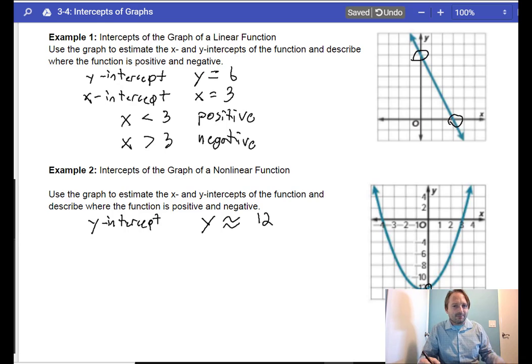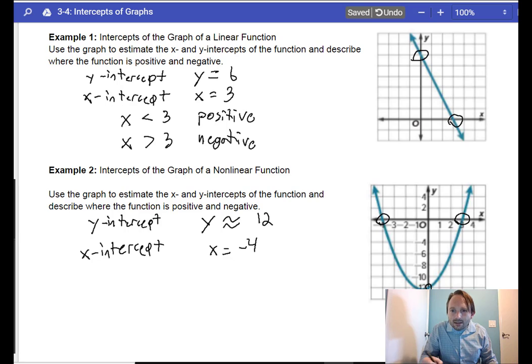We're doing an estimate. Now the x-intercept, there's a couple spots. It looks like at x equals -4 and x equals 3.